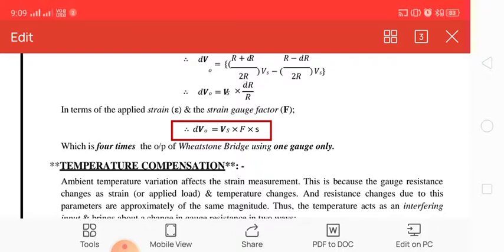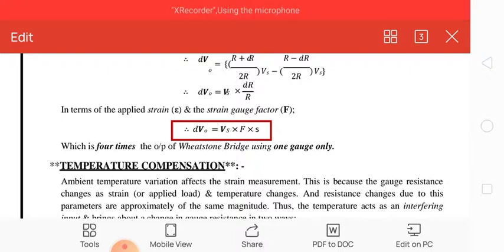Then after that we have studied strain measurement. In strain measurement we have studied what strain is, and the different types of strain measuring devices. In that we have studied the Wheatstone bridge circuit, and different types of Wheatstone bridge conditions such as the null condition and the deflection condition. In the deflection condition we have studied the quarter bridge, half bridge and full bridge circuits.